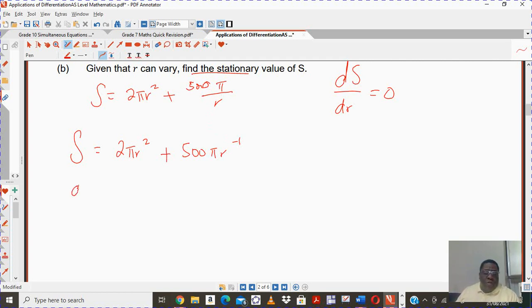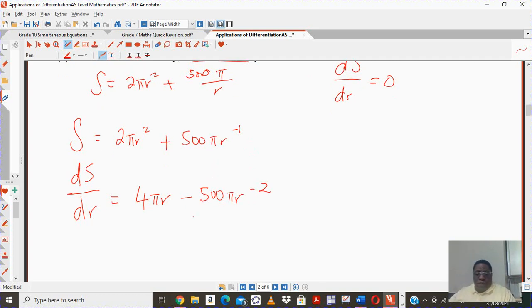So if I now do the derivative of that with respect to r, I'm going to have 4 pi r, because you always take 1 away from there, minus, because negative times that, 500 pi r raised to negative 2 power, because you take away 1.